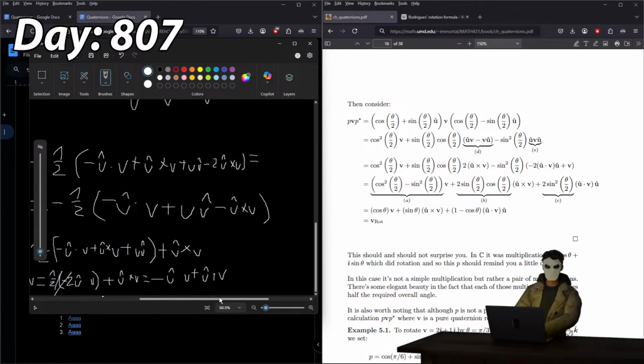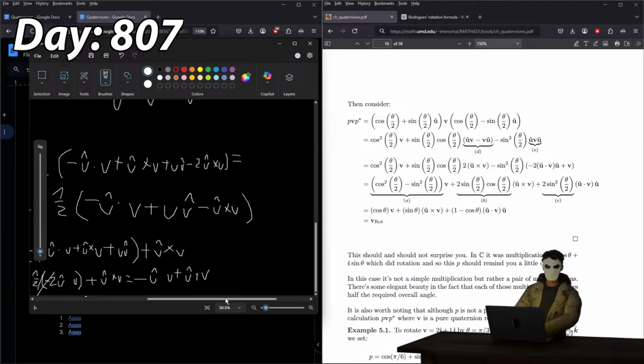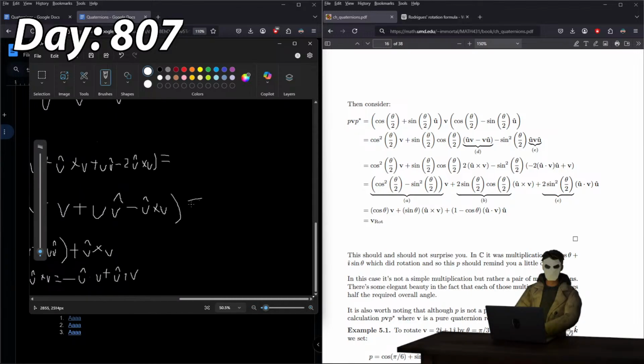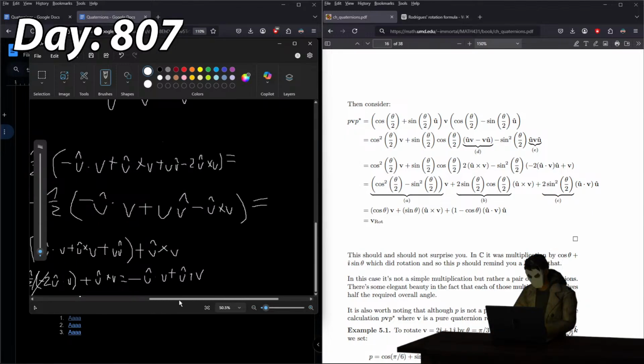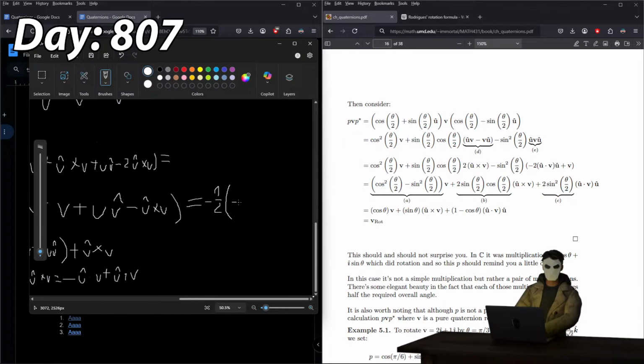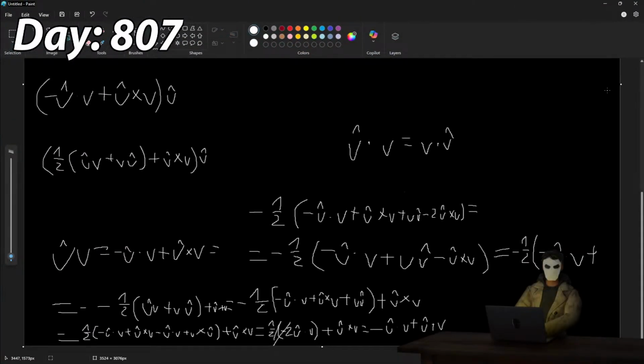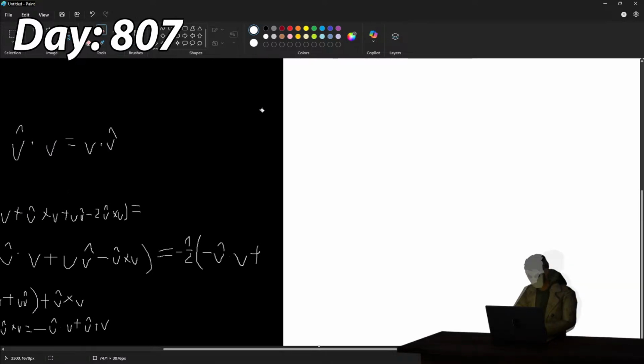What good would that do though? Wait, hold on. If we do it right now, then this would be equal to negative 1/2, sine V, or is it sine V? Negative u dot v plus, I'm running out of space. There we go.